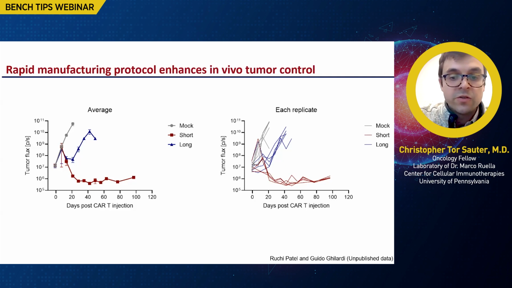This is thought to be due to enhanced proliferative capacity and cytotoxic functionality of a more naive T cell phenotype that's produced during a short manufacturing process, compared to a long manufacturing process, which may produce more terminally differentiated effector T cells with poor proliferative capacity that are more prone to exhaustion. And this has been repeated by other groups and published upon.